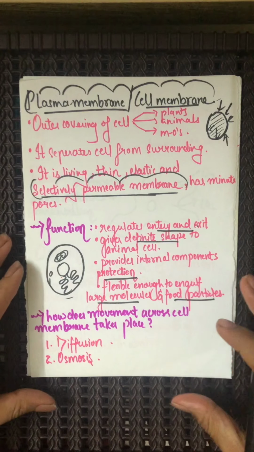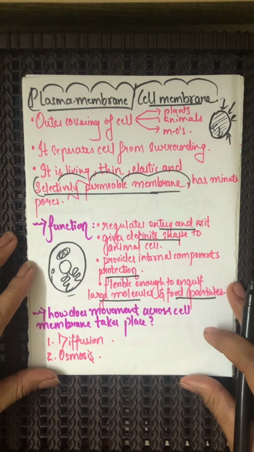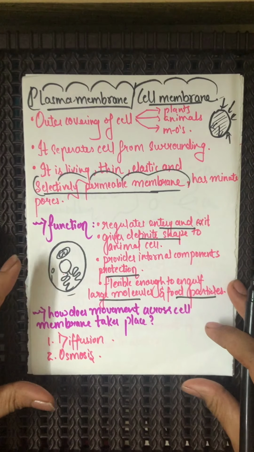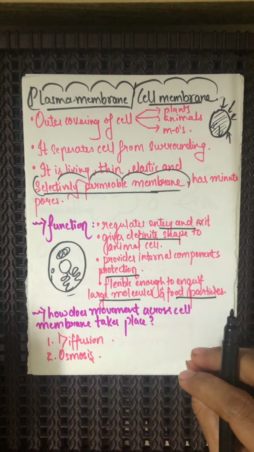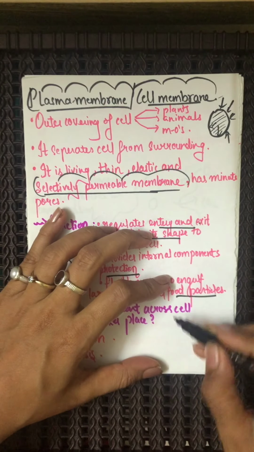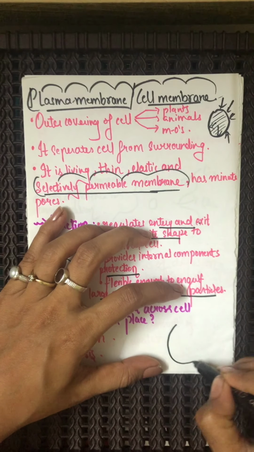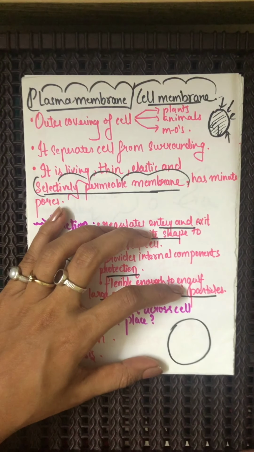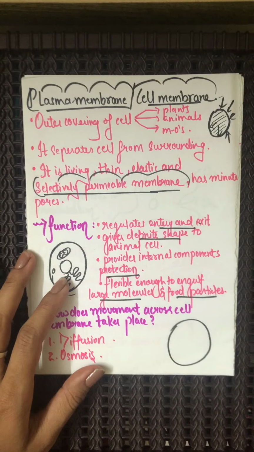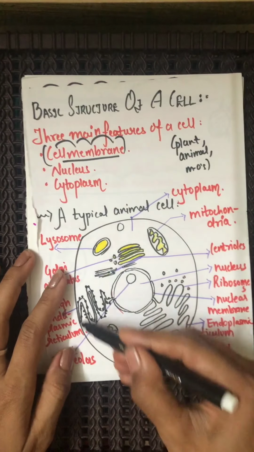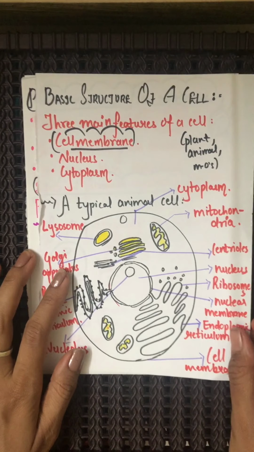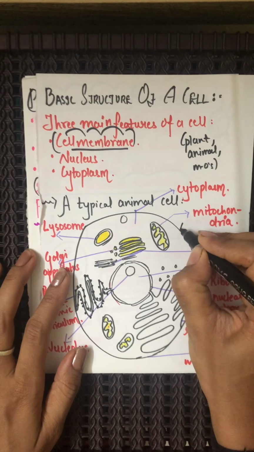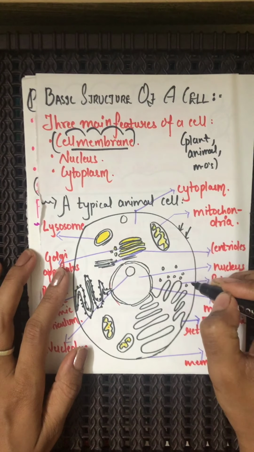Fine. Now here we shall be talking about something very important, that is how the movement across the cell membrane takes place. We studied over here only that it is selectively permeable. Yes, the outer membrane of the cell is selectively permeable, but how does it allow certain substances to enter inside the cell?